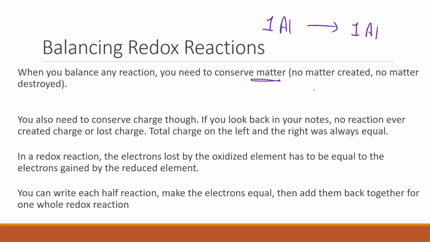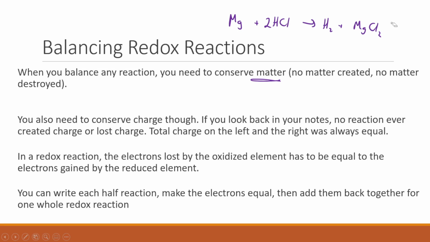But we never really looked at conserving charge before, because all of the equations that we've looked at so far had something like this, where the oxidation state of each thing was 0. So overall, the charge balanced out. It had to.